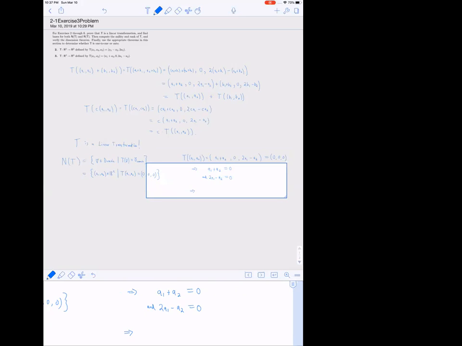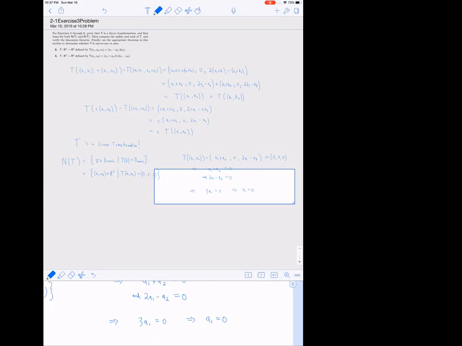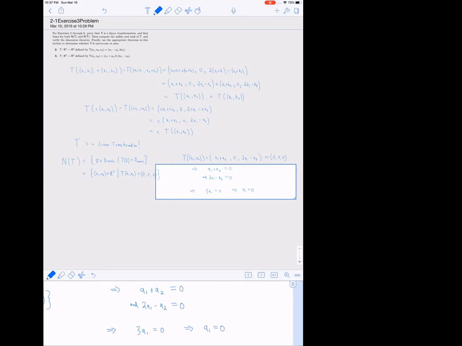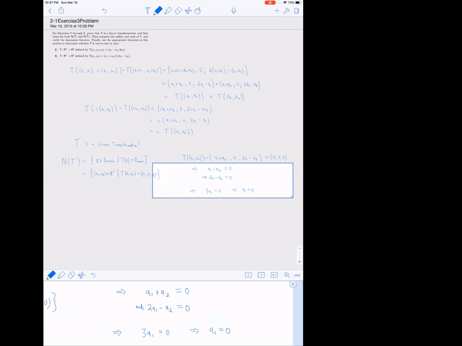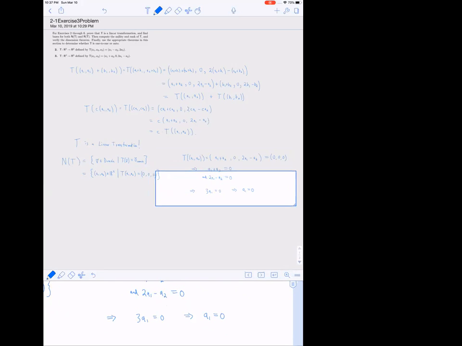So, for instance, we could add these two equations together and find that 3A1 plus 0 has to equal 0, which then implies that A1 must, in fact, be 0. And if A1 must be 0, then using either of these two original equations, we can find that A2 would have to be 0 as well.